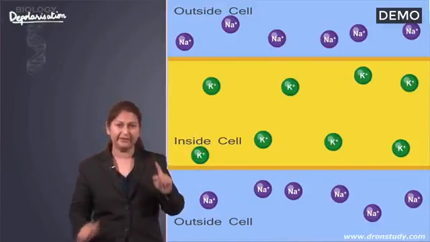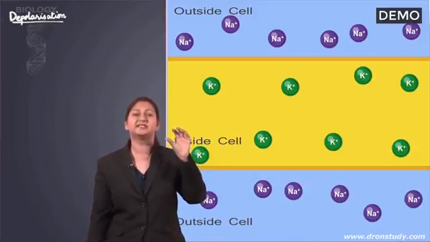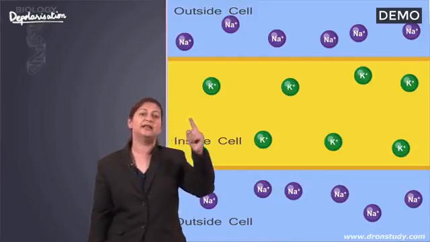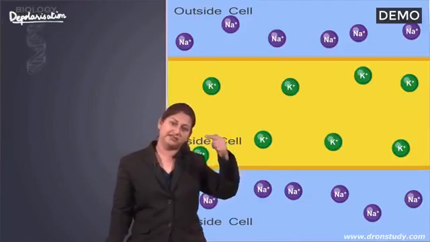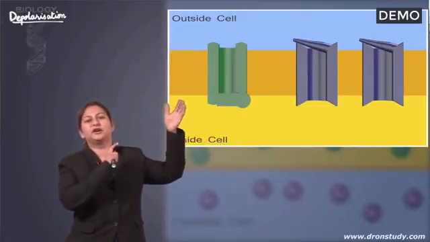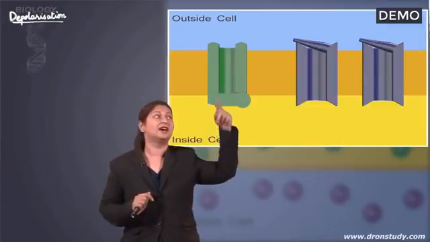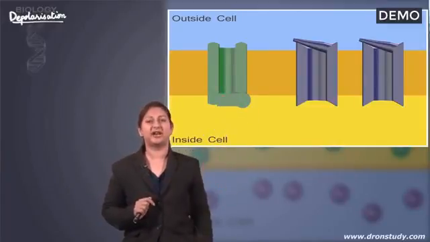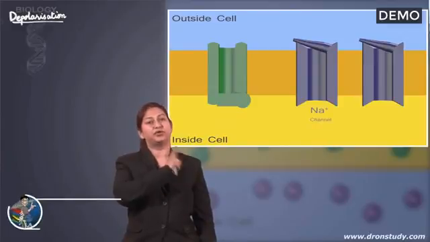Now, whenever a threshold stimulus is applied, what will happen? The beginning of the nerve impulse will take place. Because of the excitation, the voltage gated channels are opening. You can see there are two channels over here, one is a sodium channel and one is a potassium channel.